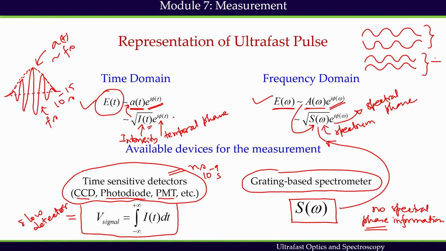So, this is contributing to the pulse, and this is not contributing to the pulse. That is why knowing how many frequency components we have in the pulse is not enough information. We need to know the relative phase of the different color components.